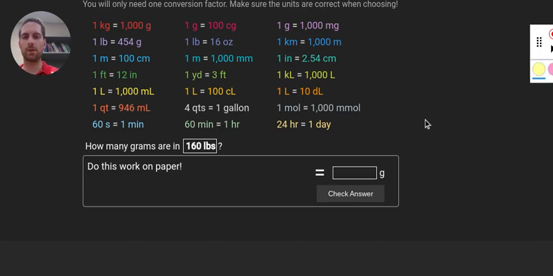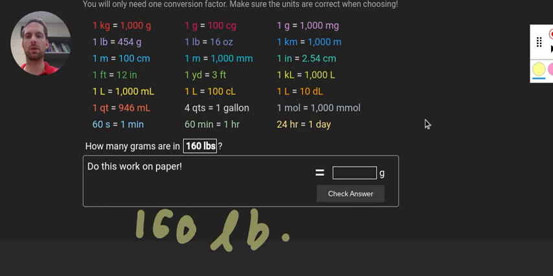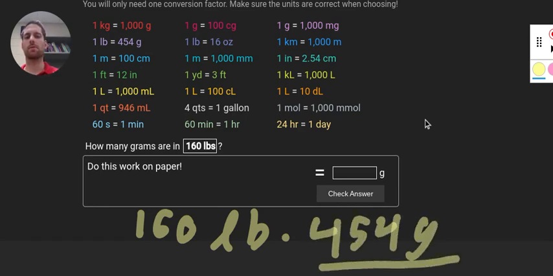Well, if not, so how many grams are in 160 pounds? 160 pounds times. We want the amount of grams here, so 454 grams over 1 pound.